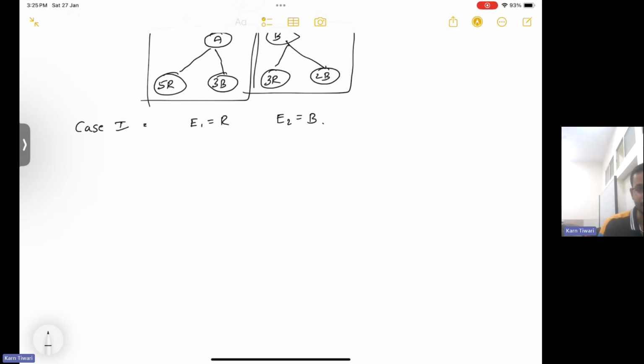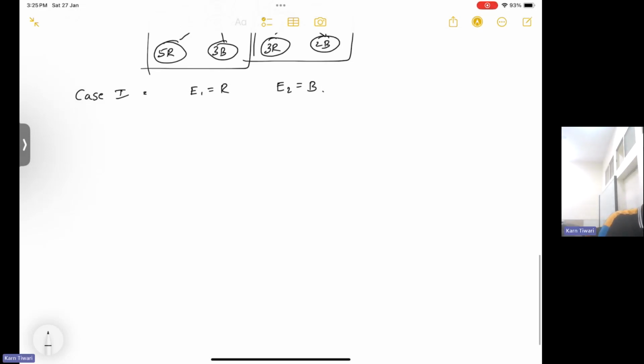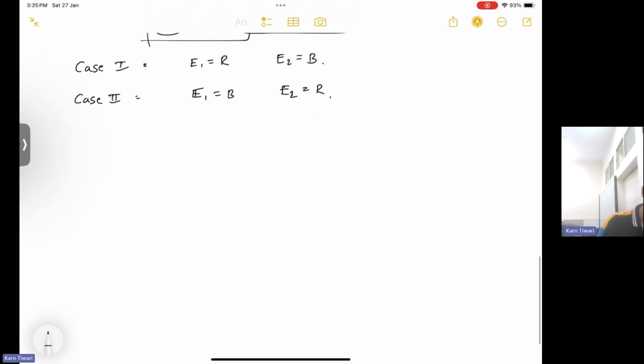This is the event we want to find, that is, one of them is red, one of them is blue. And second case, where my event E1 is blue and E2 is red. So we need to sum the probabilities because these two events are disjoint. If we just sum it up, you'll be getting the required answer. What we want. So okay, let's calculate it.